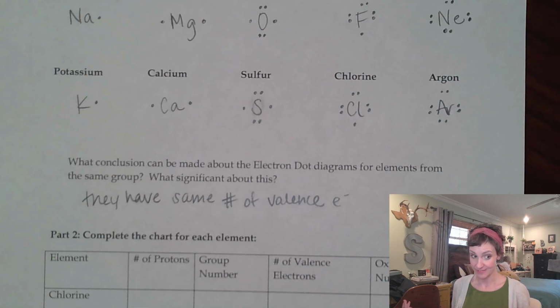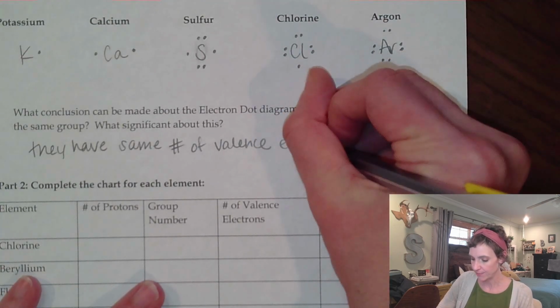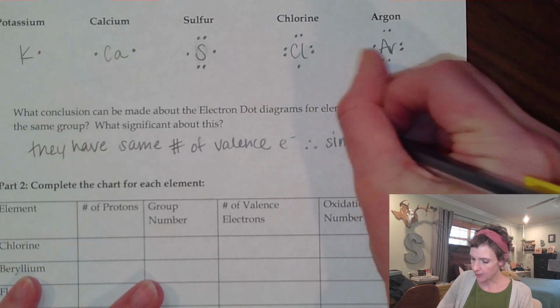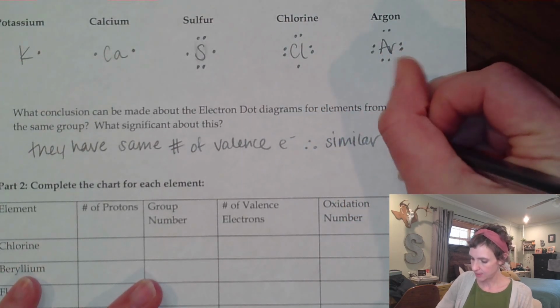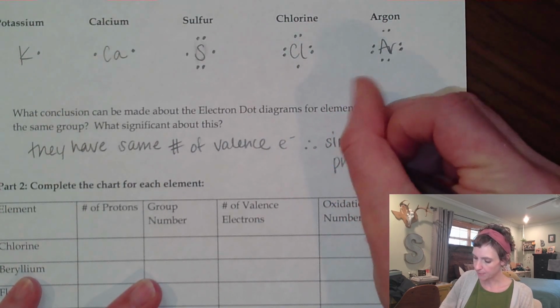Why does it matter that we have the same number of valence electrons? What does that do for us? Well, since we know electrons are what is involved in all of chemistry, we know that they're going to have similar chemical properties. So therefore, similar chemical properties.